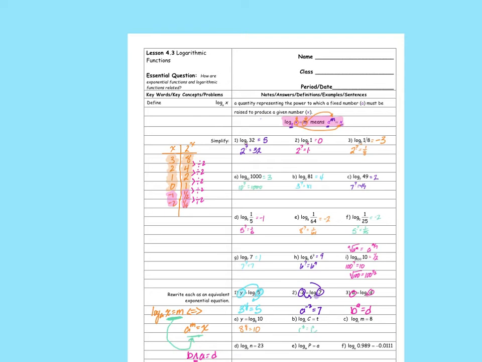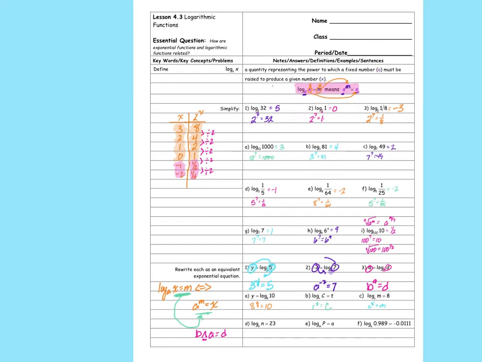And then c to the 8 equals m. D is b to the 23rd equals n. M to the a equals p. And then the last one says e to the negative 0.0111 equals 0.989.